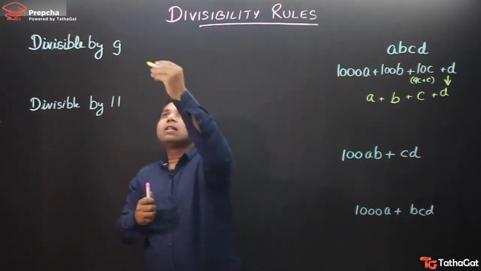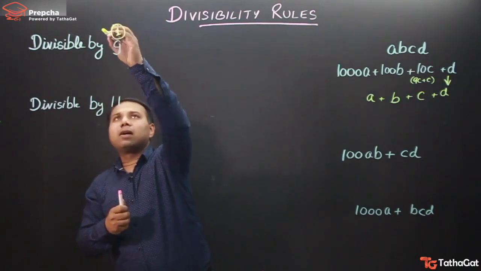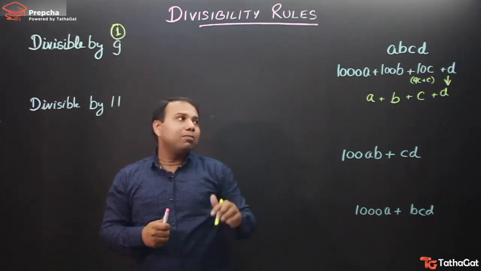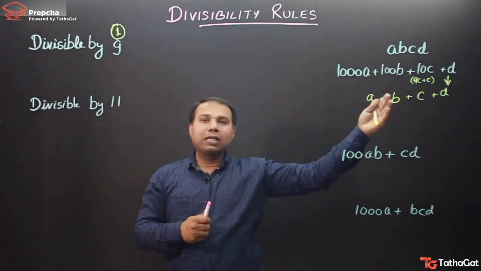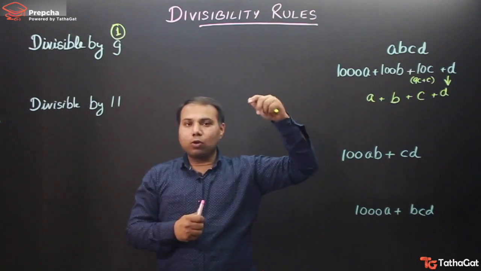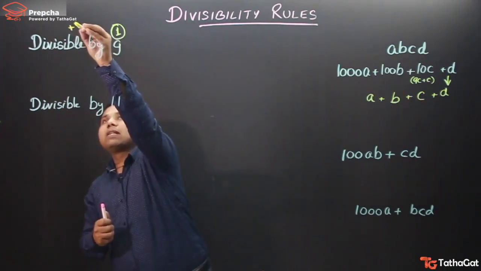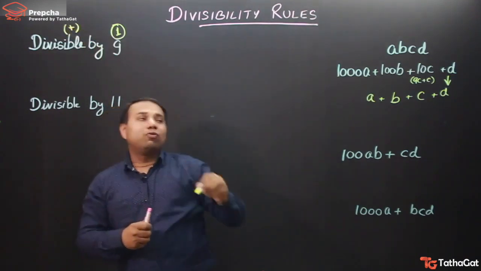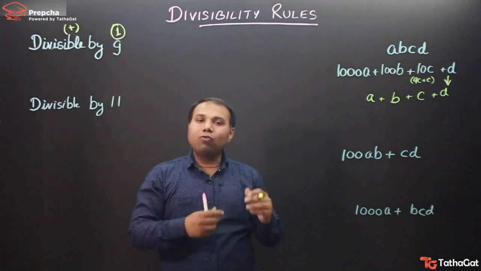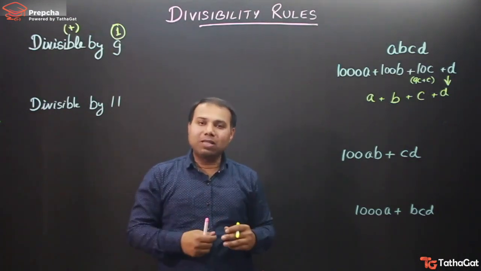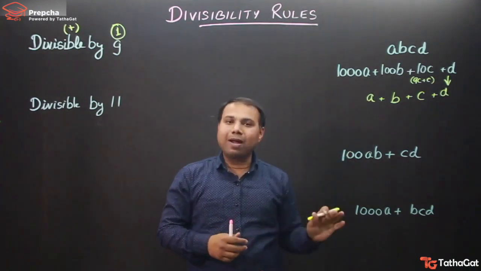So we take 1 digit at a time from the rightmost digit, and all the digits are to be added to each other. I'm writing it here with this plus sign. Then we check whether the final value is divisible by 9 or not. If it is not divisible, whatever is going to remain is my remainder.